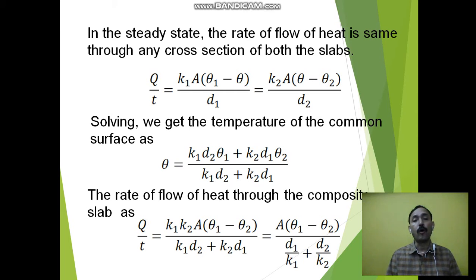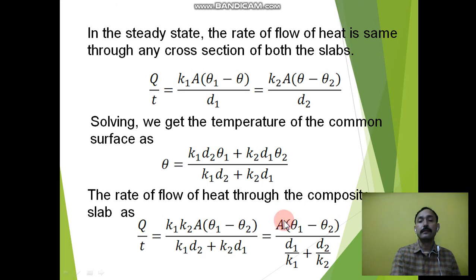The rate of flow of heat through the composite slab, putting in the value of theta here, Q by T is equal to K1 K2 A (θ1 minus θ2) by (K1 d2 plus K2 d1).